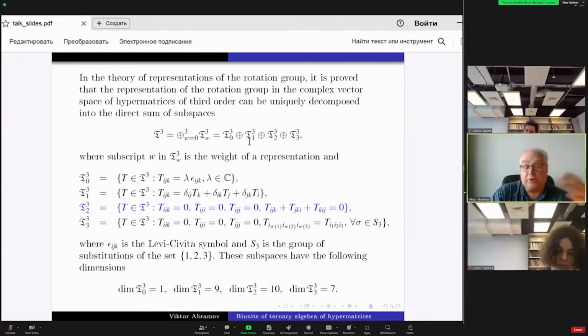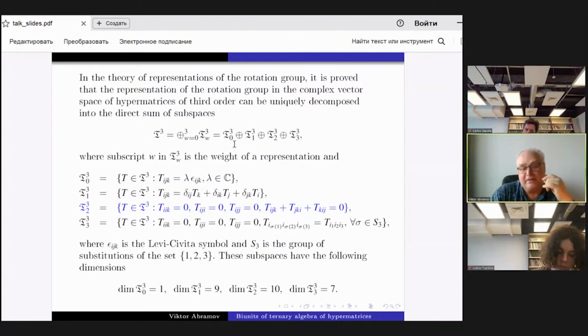The general method to get this irreducible representation is to split each subspace into a direct sum of subspaces, of course, in a way which is invariant under the action of the rotation group. Then in each subspace, we will have an irreducible representation. For example, the first subspace is the zero-weight subspace.